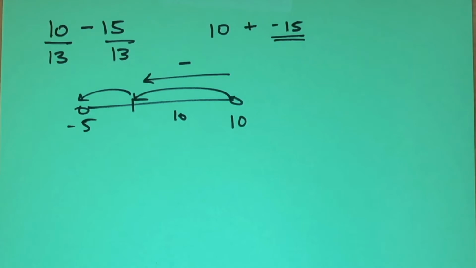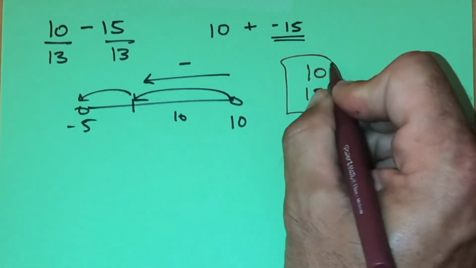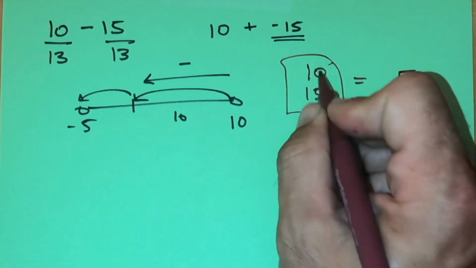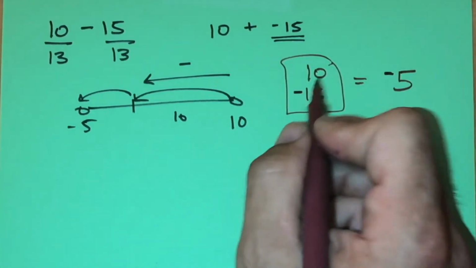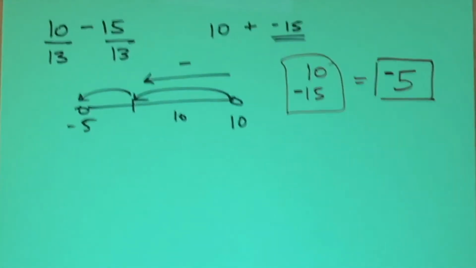So think about it like this. If I just looked at 10 and 15, what's the difference between these two numbers? Well, 5, right? 15 is 5 more than 10. And what do I have more of? I have more negative. I've shown this a lot when we do our algebra one-step equations. And that's where the -5 comes in.